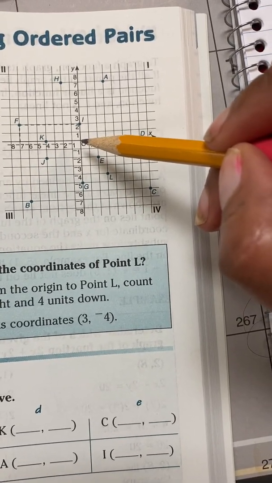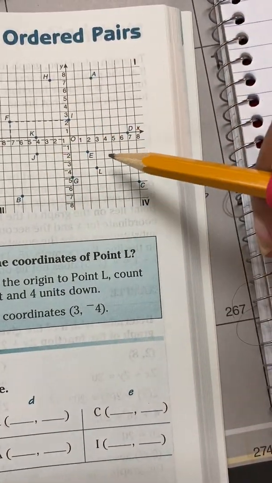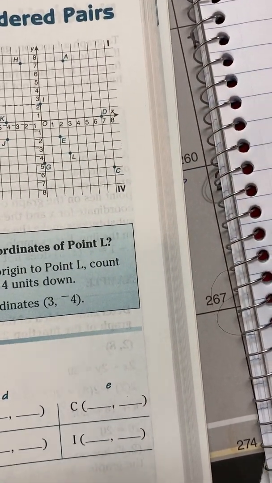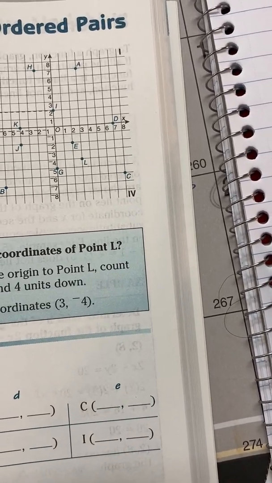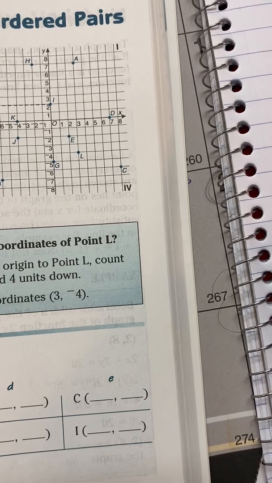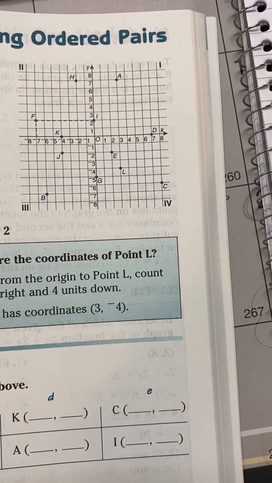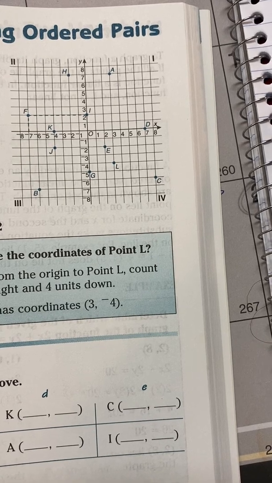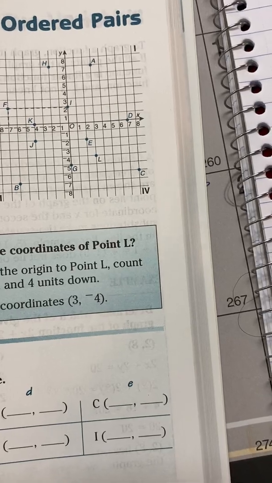The two axes divide the coordinate plane into 4 quadrants, 1, 2, 3, 4, which go counterclockwise. The position of a point on the graph is determined by its ordered pair, which is called a coordinate. The x-coordinate tells the distance right or left of the origin. The y-coordinate tells the distance up or down.